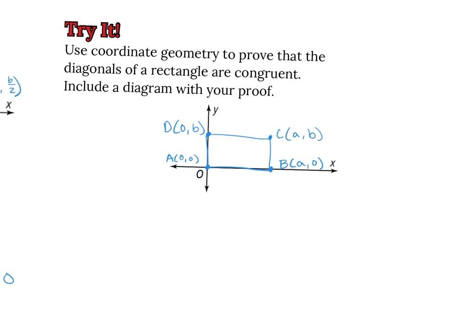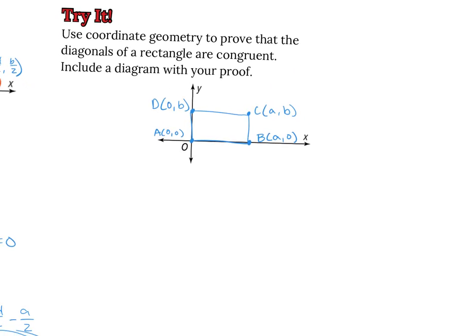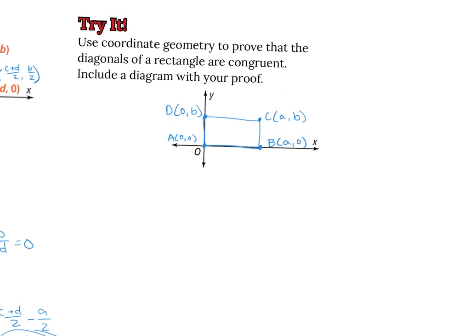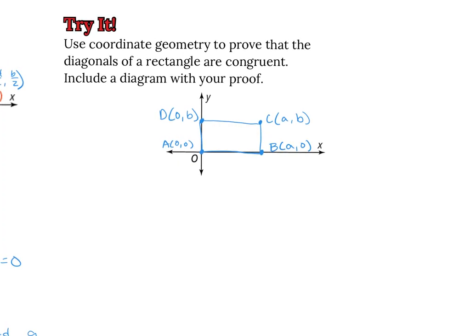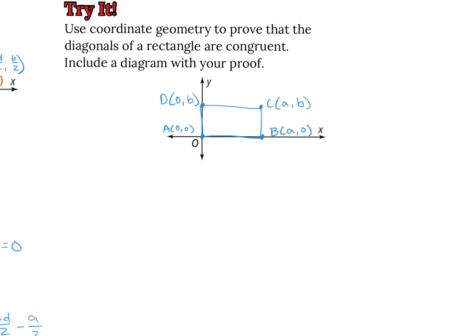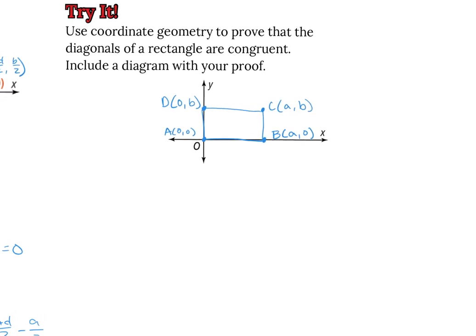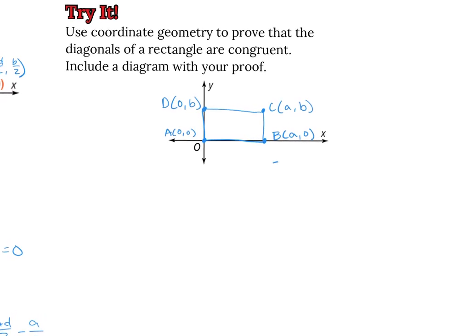Okay, so very similar to the example 1 try it that we did. Our first step on that was to identify the diagonal lengths. So we're going to use the distance formula to find our diagonal lengths. So my diagonal would be AC. Use the distance formula to find those lengths.